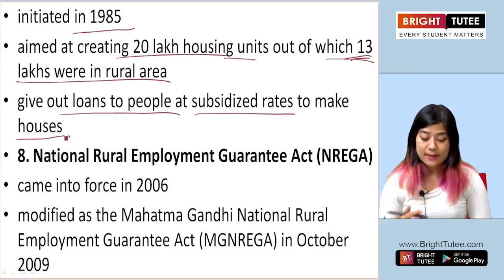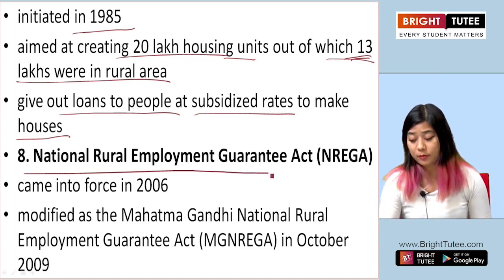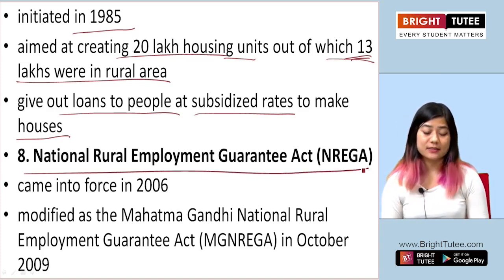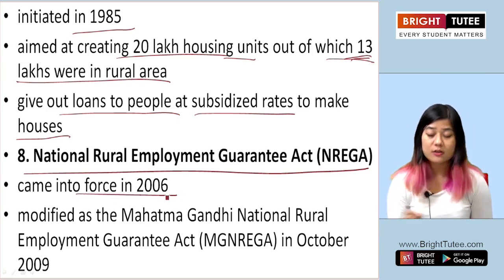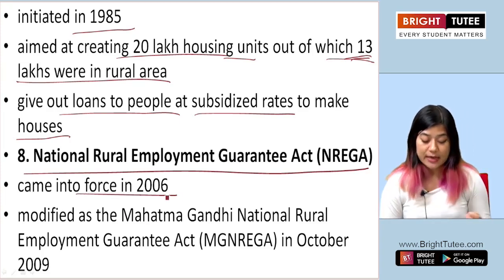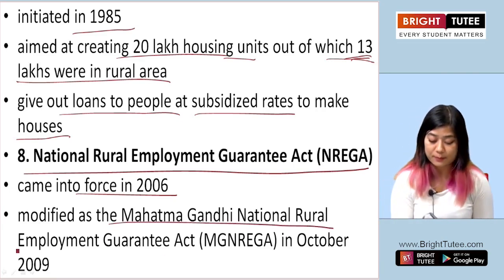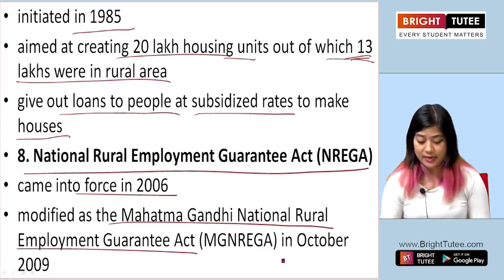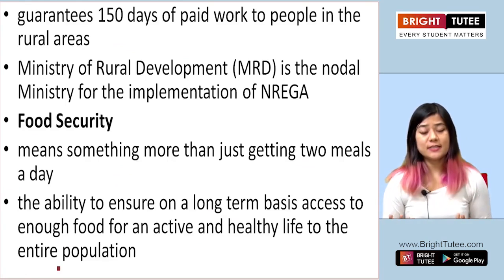Alright. The next program is called National Rural Employment Guarantee Act. Now this scheme came into force in the year 2006. It was later modified as the Mahatma Gandhi National Rural Employment Guarantee Act in October 2009. What does it do?